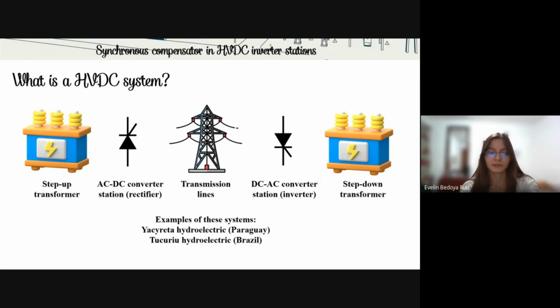Then we will have a rectifier that will convert the alternating current into direct current, and then this direct current will pass through the transmission lines, and then an inverter will convert that direct current into alternating current again, and finally a step-down transformer will decrease the voltage. Some examples of these systems are found in Paraguay and Brazil.